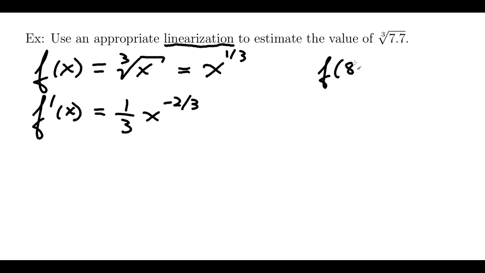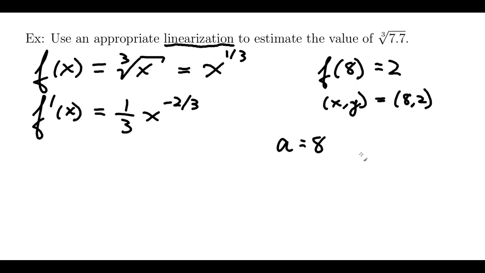f of 8, the cube root of 8, is equal to 2. So this gives us the xy pair 8, 2. In the language of the linearization function in the textbook, we would identify a equals 8, and then compute f of a and f prime of a, so that we have both of those.